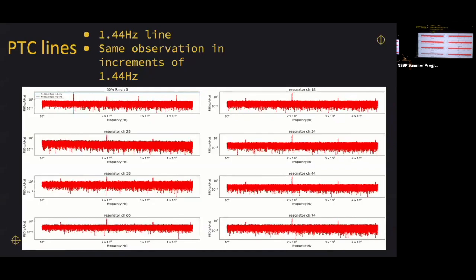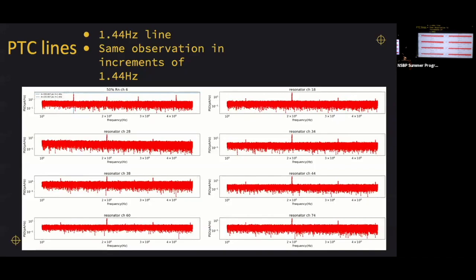We continued to run the same algorithm through different frequencies in increments of 1.44, so from 1.44 we go to 2.88 and then 4.32. We essentially got the same result, where we only got pickup in the detectors and not the resonators. I don't know if you can see the little legend over there.